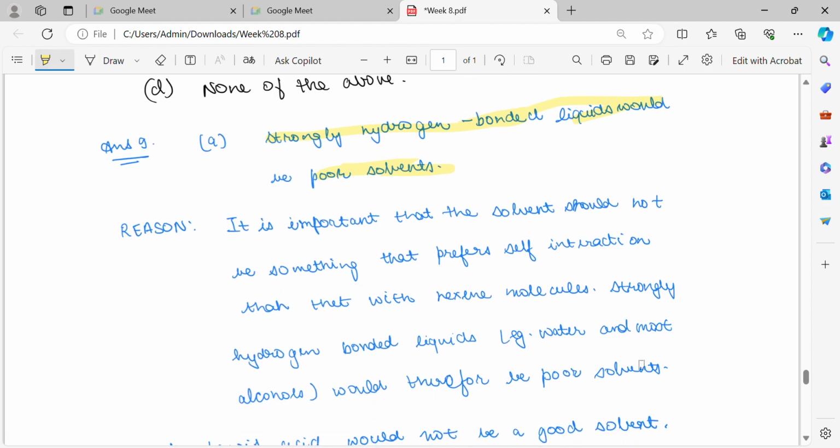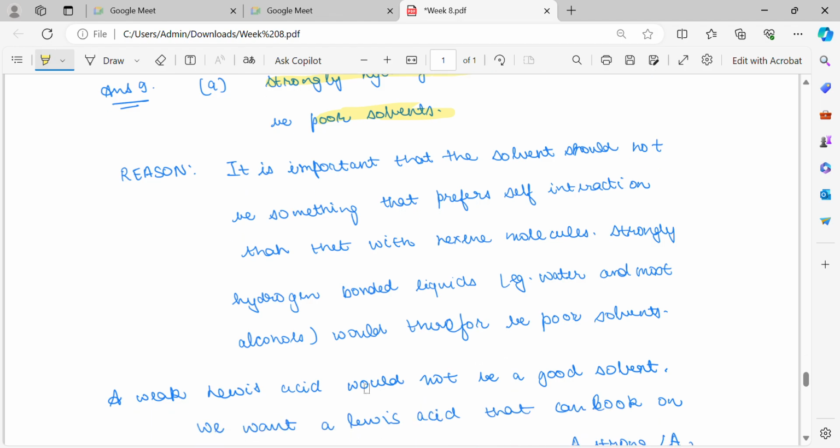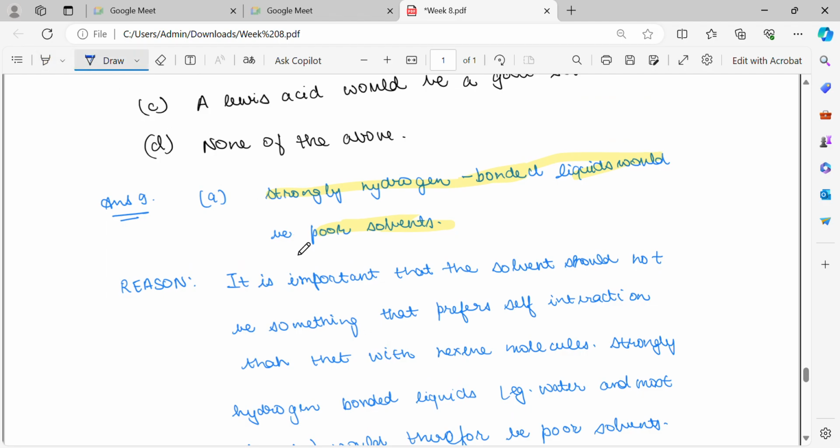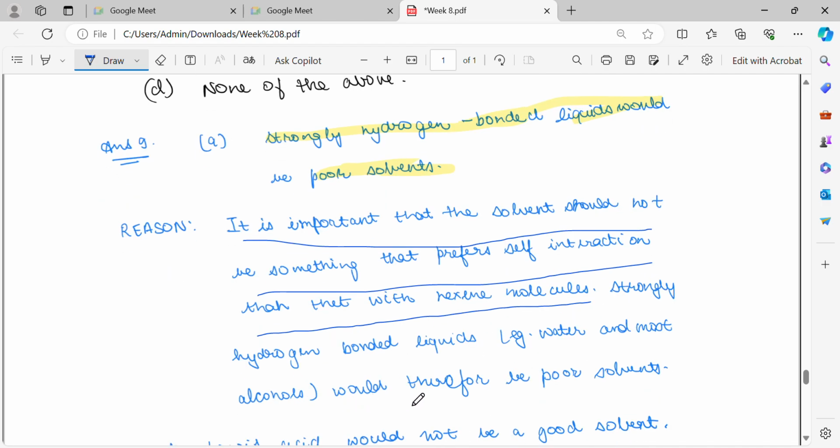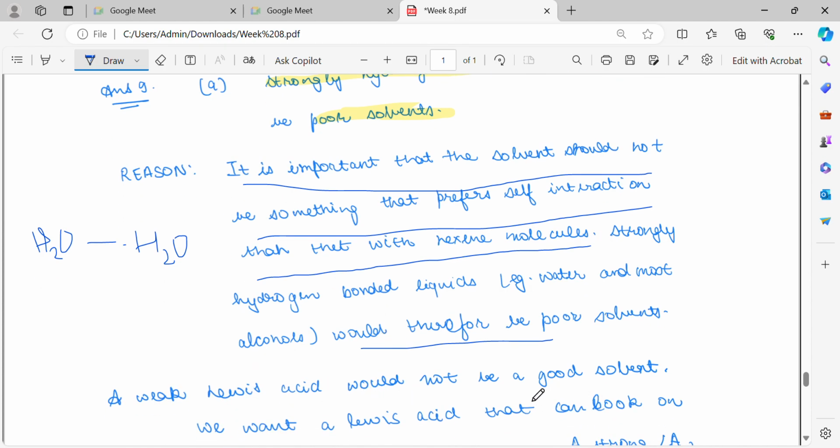Strongly hydrogen-bonded molecules would therefore be poor solvents, because if H2O is there, they will make their own hydrates, right? So they will be poor solvents. A weak Lewis acid will not be a good solvent.